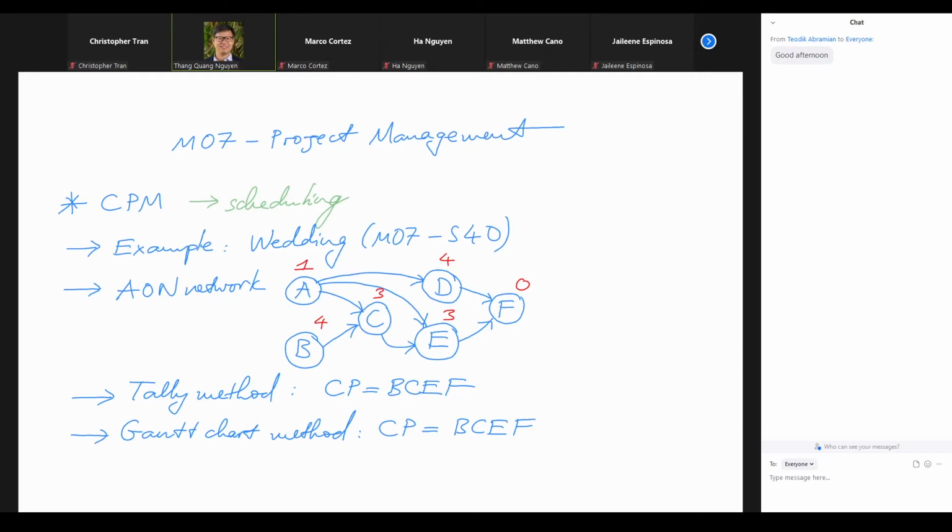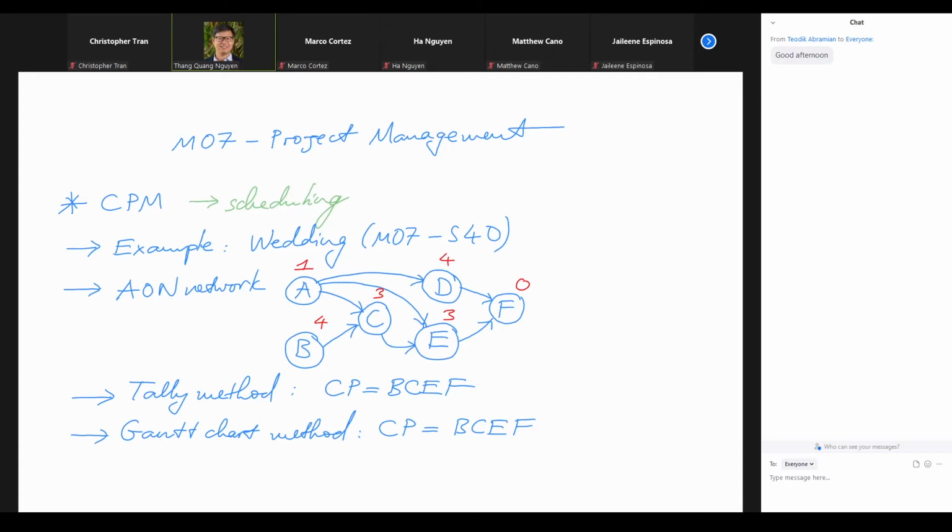So the clue to find the critical path is we try to move the activities around and see if we impact the finish date or not, right? If we impact the finish date, then definitely that activity is on the critical path. Oh, you'll delay that by 1 week, okay? Any delay on the critical path will delay the entire project. Okay, so either method, we would find the same critical path.